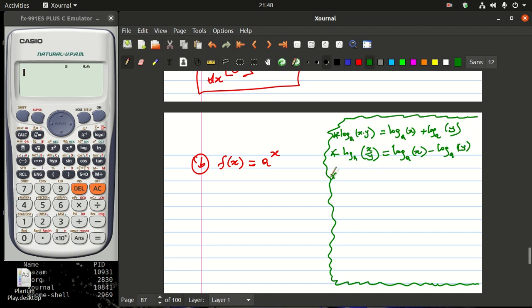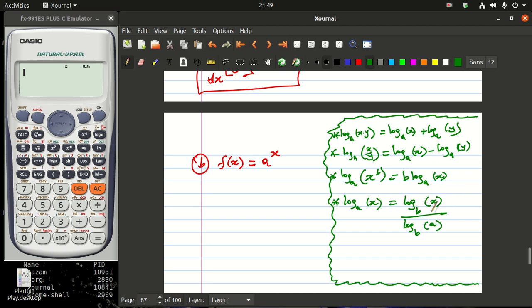And then if I have log base a of x to the power b, I can always bring this down and have b log base a of x. And if I actually end up having log base a of x, this is the same as saying I have log base b of x divided by log base b of a.